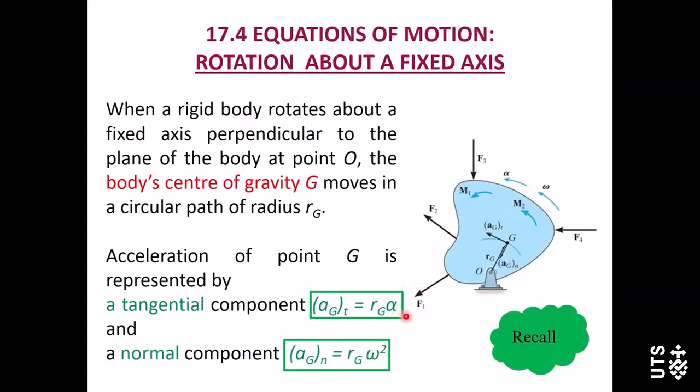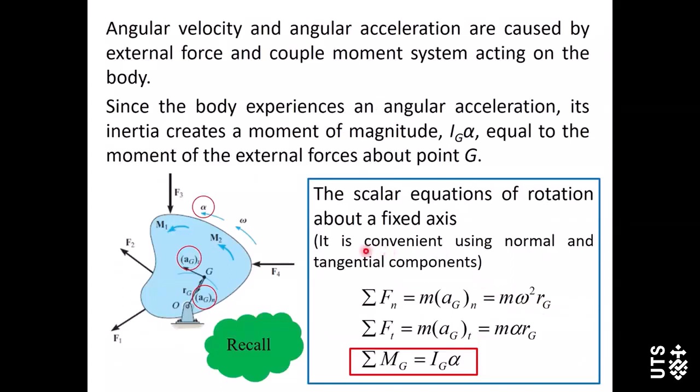This means a_G and alpha depend on each other. They are not independent. So if these two parameters are unknown, actually there is only one unknown. We can also use the normal-tangential coordinate system, and you will see the same thing: the relationship between a_G and omega or alpha.